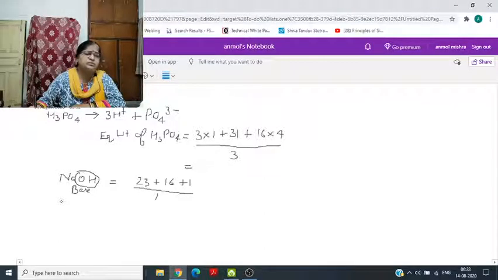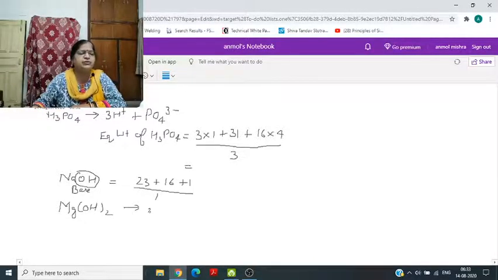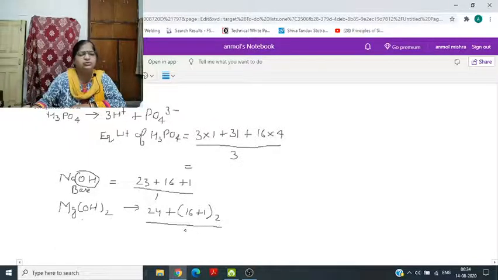So that is Mg(OH) whole twice. Here also magnesium is 24 plus 16 plus 1 into 2, because OH whole twice. Now how many OH ions are present here? 2 OH ions are present here. So it will be divided by 2. So you can calculate it. So for NaOH it will be 40 divided by 1, equal to 40.